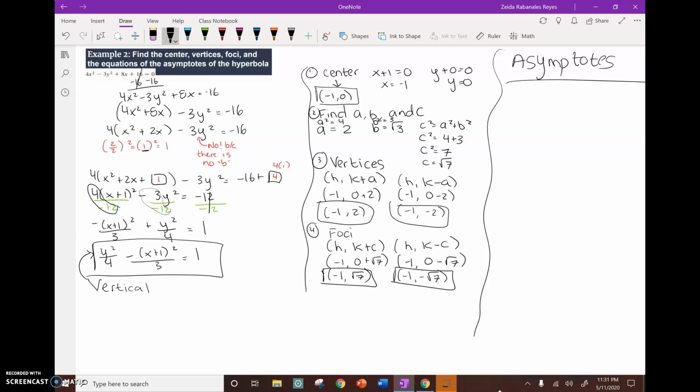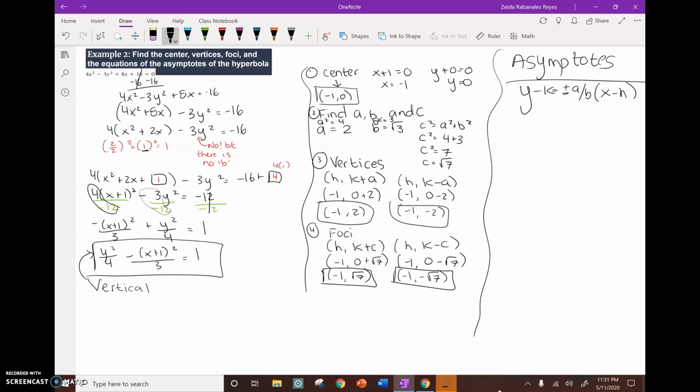So then it's a vertical hyperbola, so I know it's y minus k is equal to a over b. If it was a horizontal hyperbola, I would actually do b over a. And I have x minus h. And to save ourselves a little bit of time, since I just need both of them, I don't actually need them to graph, I'm going to put a plus or minus there to do both of them at the same time.